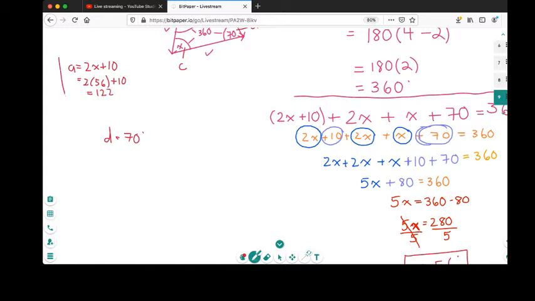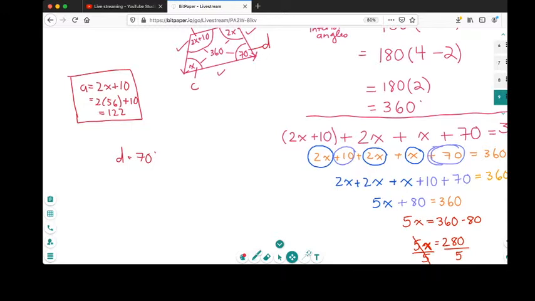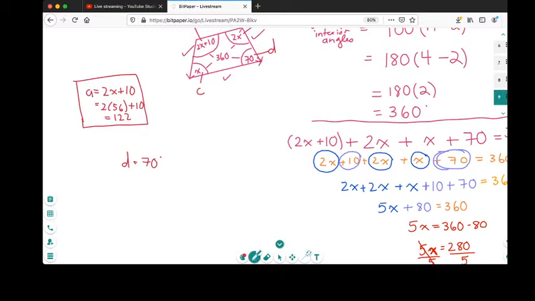So that's part of the answer. Then for the other angles, we've got B, which is 2x. So B equals 2 times 56, which is equal to 112.